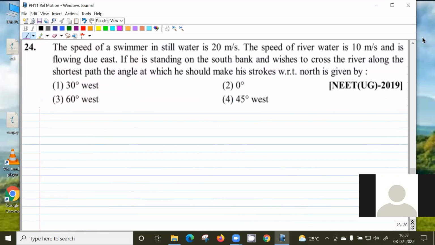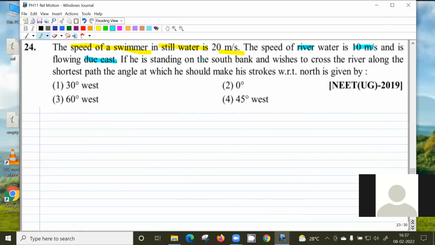Okay, try this one, this is NEET 2019. Speed of swimmer in still water is 20 meters per second. Speed of river water is 10 meters per second, and it's flowing due east.